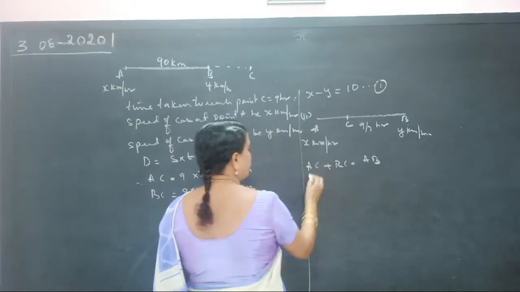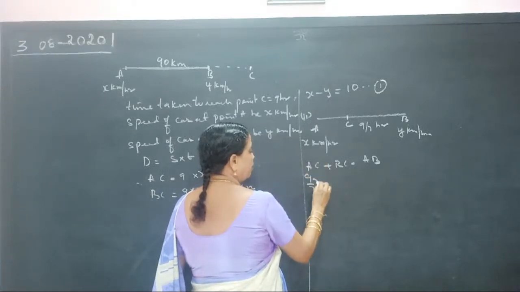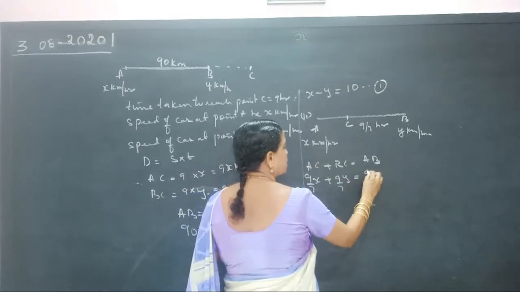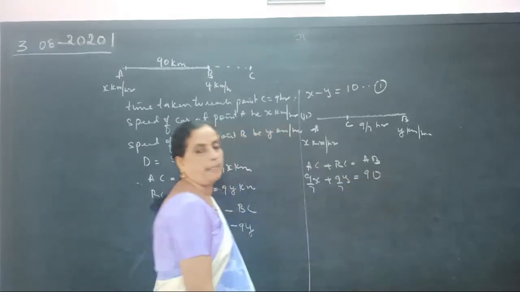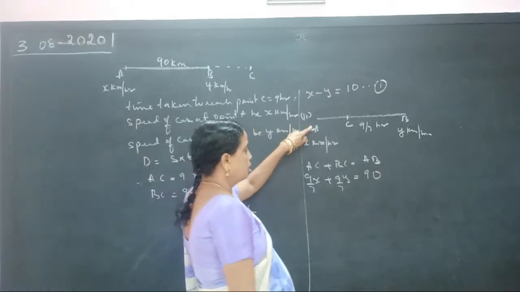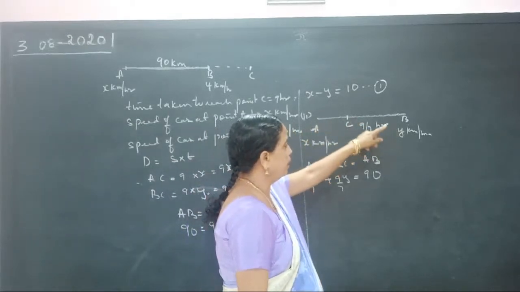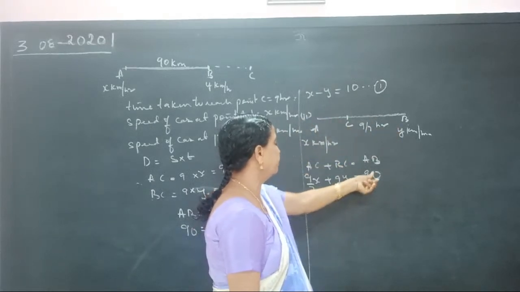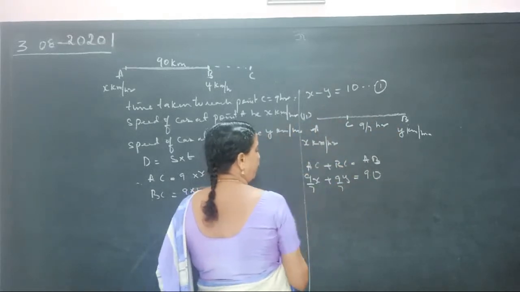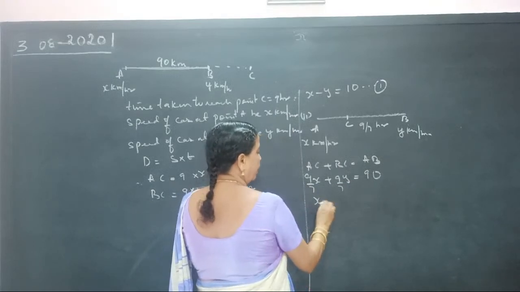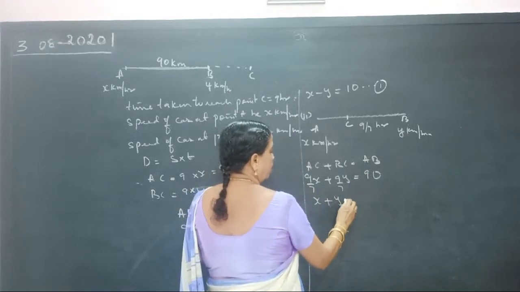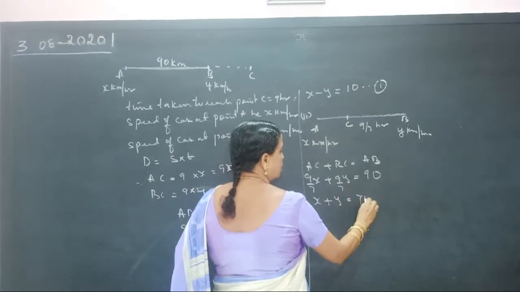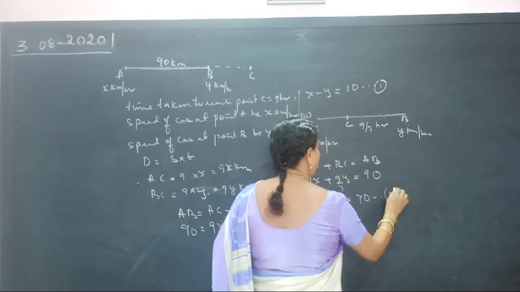So the distance AC is 9 by 7 x, plus 9 by 7 y equals 90. AC is speed into time, BC is speed into time, and the AB distance is 90. Taking 9 common, x plus y equals 10 into 7, that is 70, as equation 2.